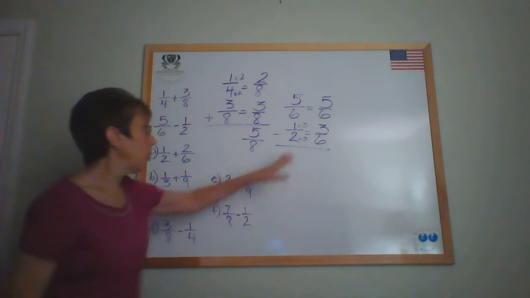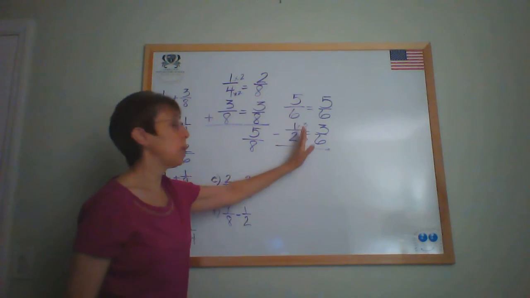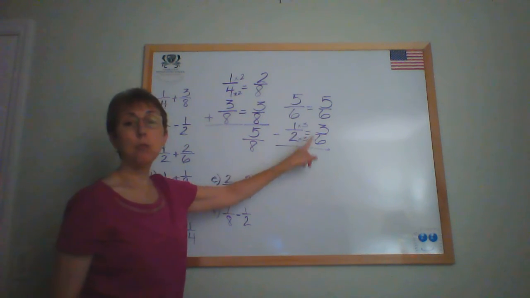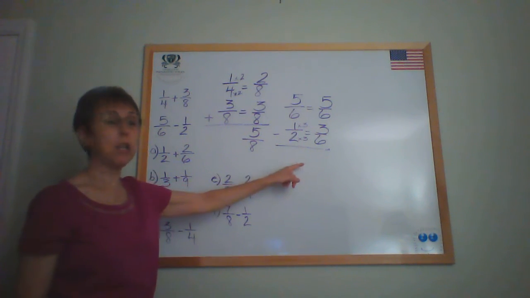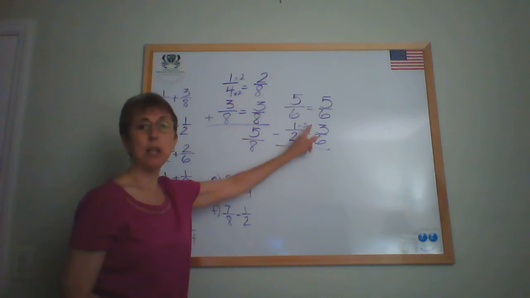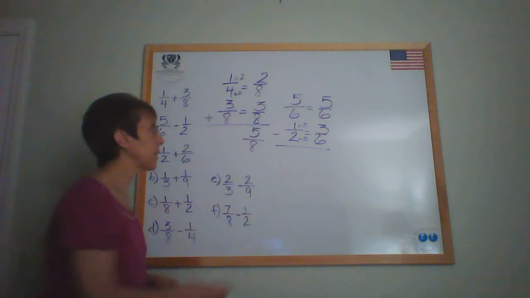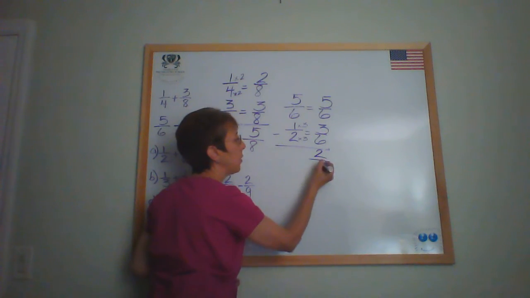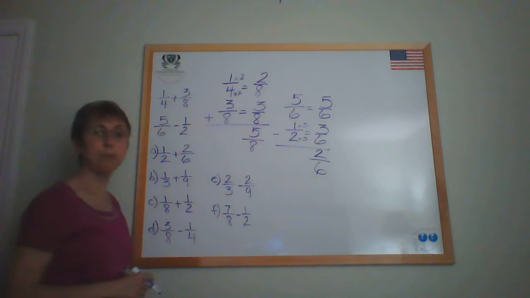You may have even been able to eliminate that step, knowing that every time the numerator is half of the denominator, it equals 1/2. So 1/2 equals how many sixths? 3/6, because 3 is half of 6. So here we have 5/6 minus 3/6, which equals 2/6.